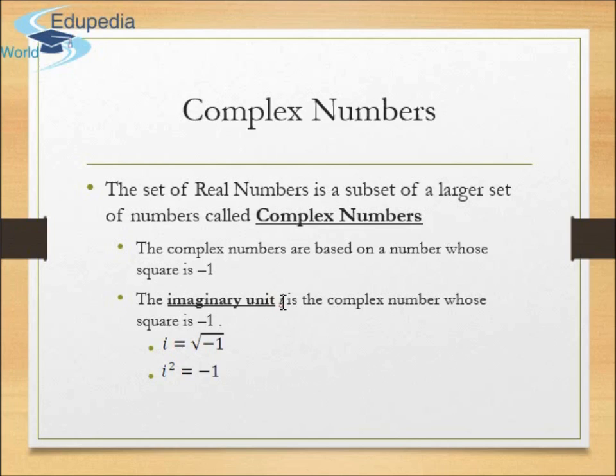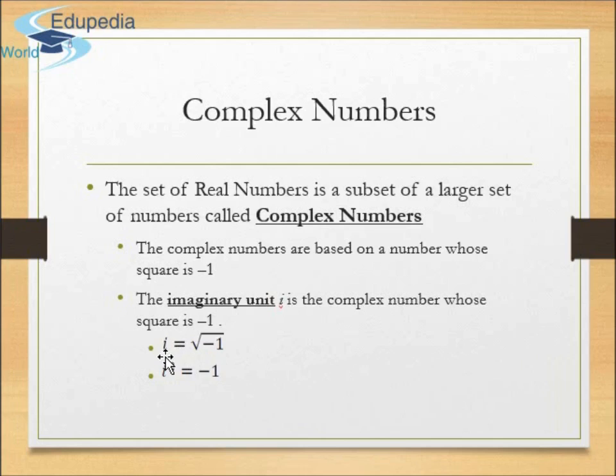So let's do a little recap. A complex number is any number that has an imaginary unit in it. By imaginary unit I mean it has a square root of -1 in it, or a negative radical in it. If it has a negative radical, that means it will have an imaginary unit in it, and that would mean that it is a complex number.